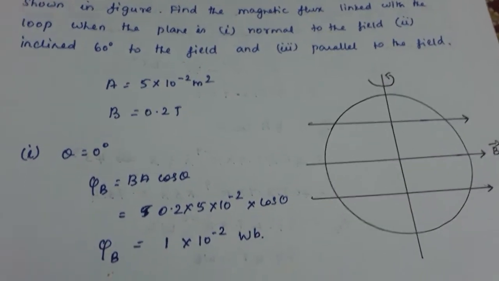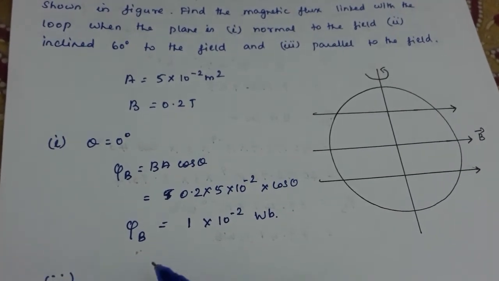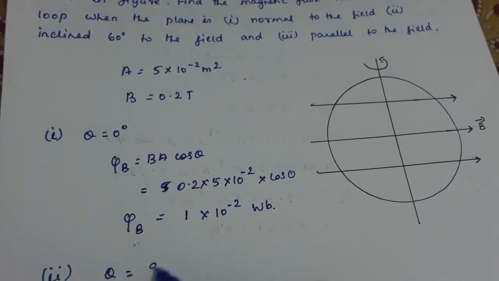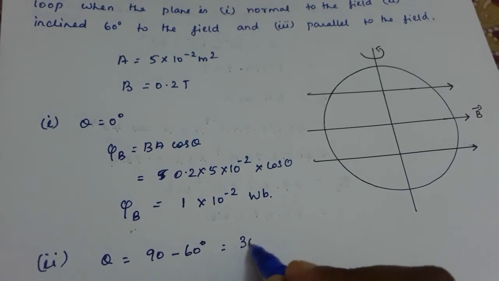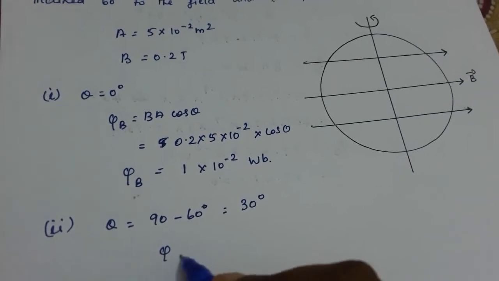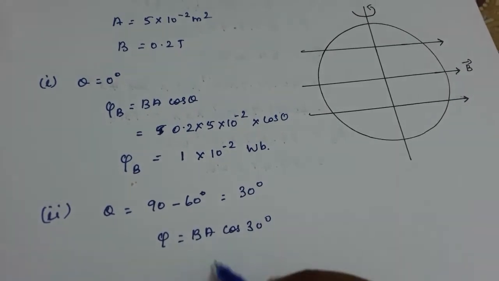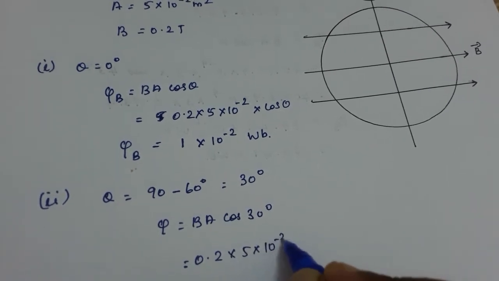Second case. Okay. It is inclined at an angle 60 degree to the field. So your theta value is 90 minus 60, that is 30 degree. So phi is equal to BA cos 30 degree. So it is 0.2 into 5 into 10 raised to minus 2.